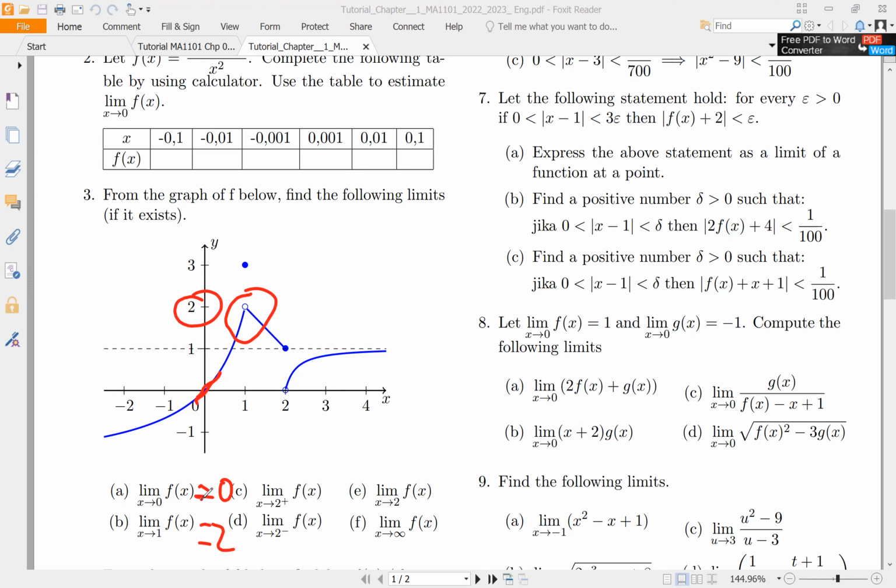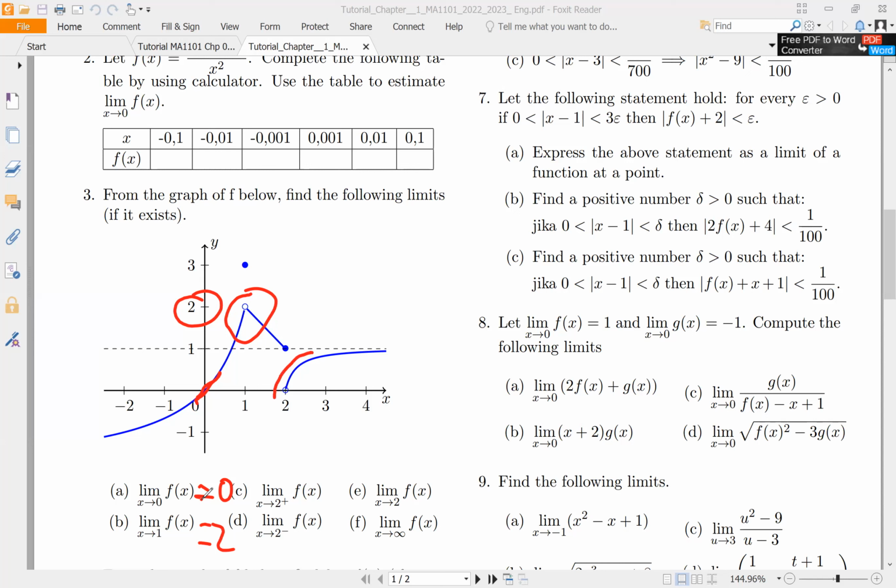Here is the left-hand limit and the right-hand limit. And once again, the function f is not continuous. Okay. So in this case, if you want to find the solution, let's say for part C, the right-hand limit, then you have to take a look at the graph of f, but only consider the part right of x equals 2.